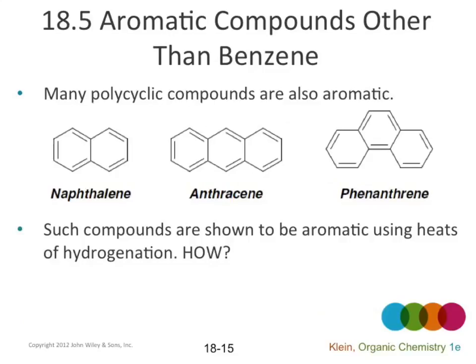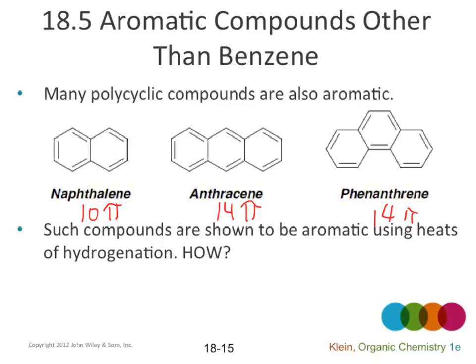Naphthalene gives us 10 pi electrons. Anthracene gives us 14, and phenanthrene gives us 14 pi electrons. We do have overlapping p orbitals. We would expect these to all be aromatic. Okay, so that's based off of the Huckel rules.